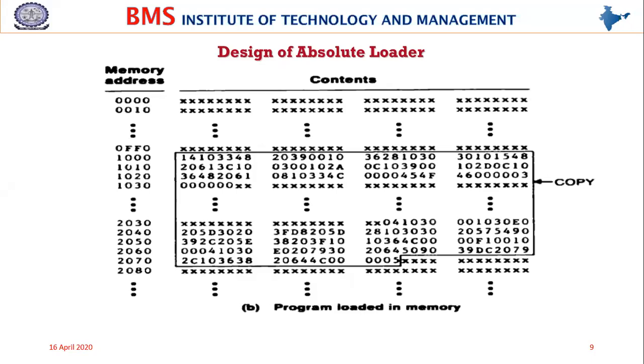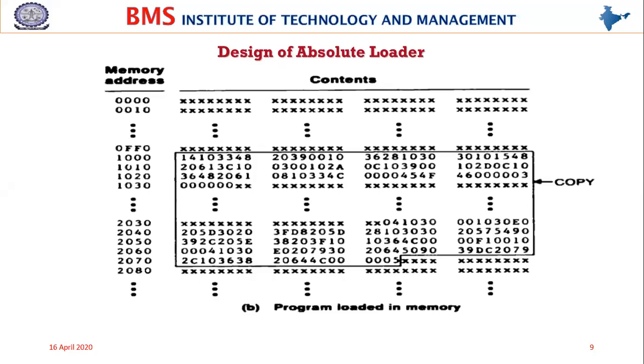The next set of text records are placed in consecutive locations. This is the task of your loader. It just copies the contents of your text records from your object code file onto the specified addresses. As it is an absolute loader, it is supposed to load this onto the addresses starting from 1000. So it has done that.